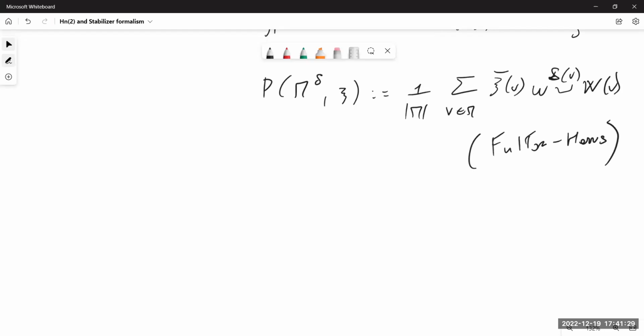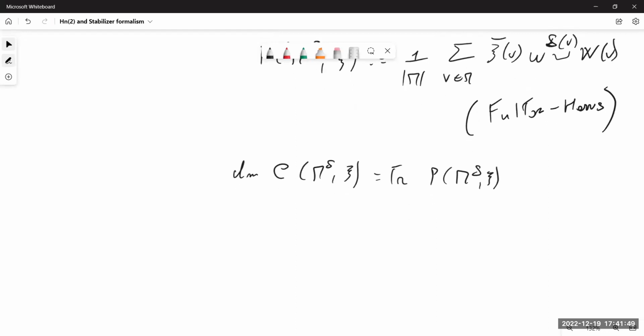So let's call this isotypic component G of m delta xi, and its dimension is just the trace of P. Now it's useful to remember that Weyl operators are all traceless except for the identity. So this is just the trace of the identity over M, and then this is just p to the n minus the dimension of M.